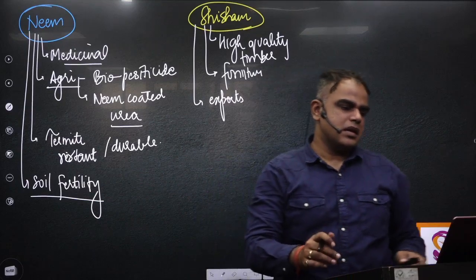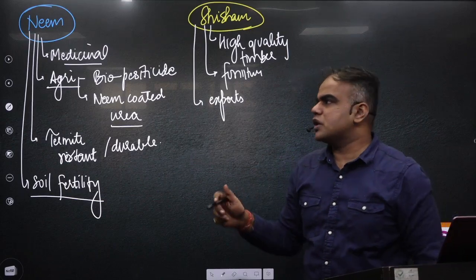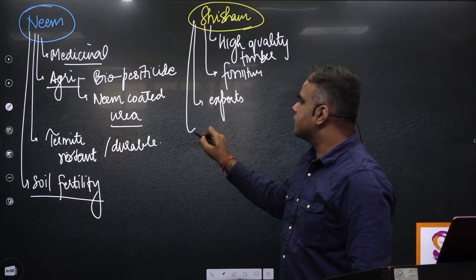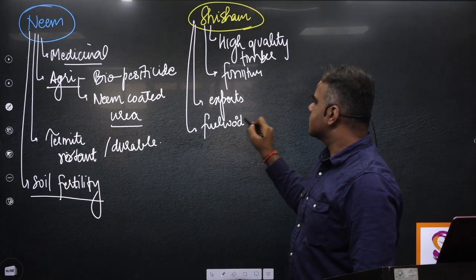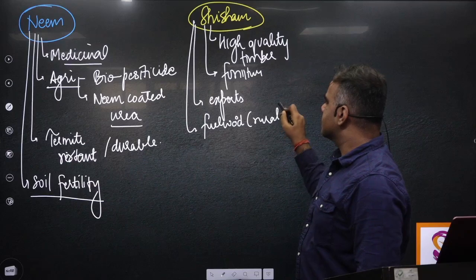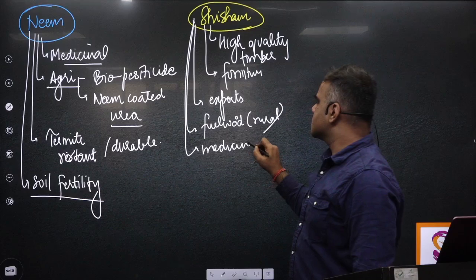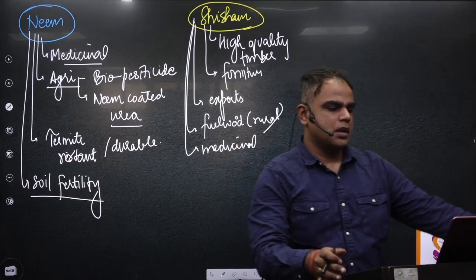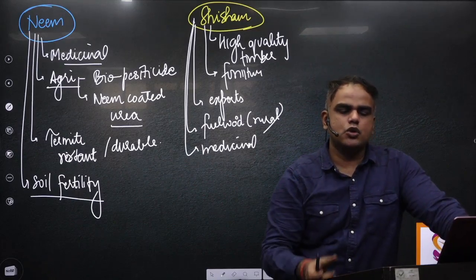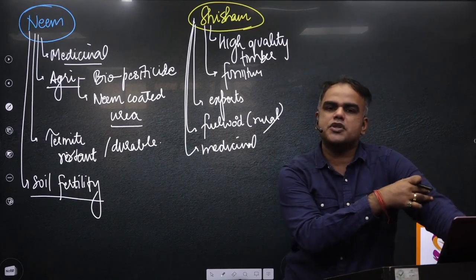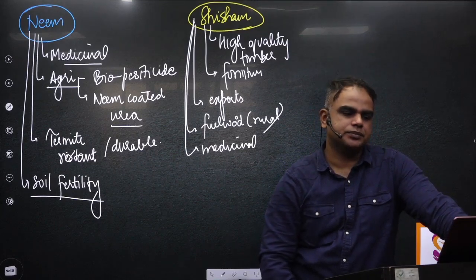Okay, in addition to this, it is also used as a very important fuel wood in rural areas. It also has certain medicinal usages. Okay, so here actually the bark and the leaves of the tree are used for skin related problems, for wounds, and even for digestive disorders.